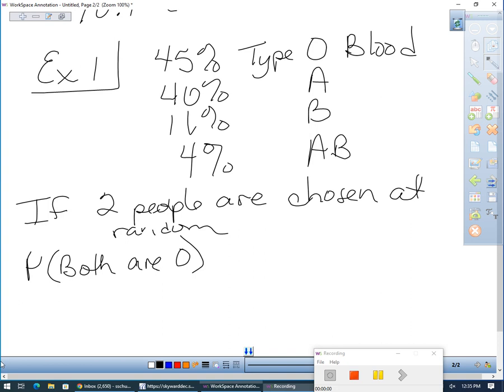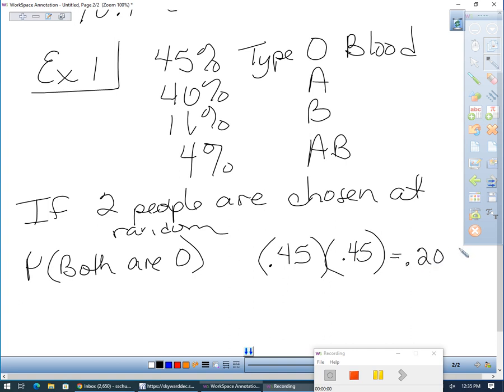When you think about this, you say, okay, I know the first one is O, so I'm going to put that as 0.45. And the second one is also 0.45. So what do you think we're going to do with those 2 wonderful numbers? We're going to multiply them. Grab your calculator and tell me the probability of choosing 2 at random.